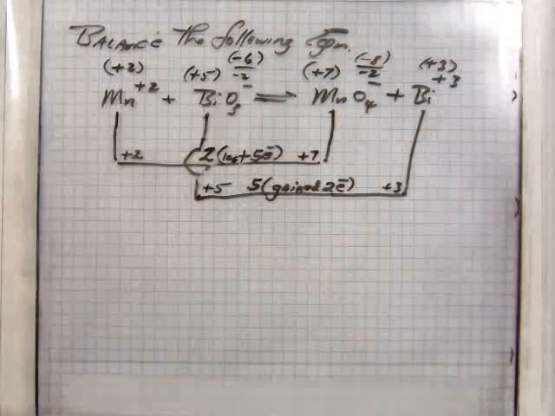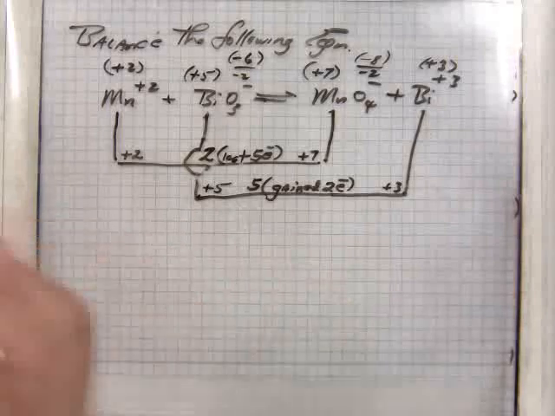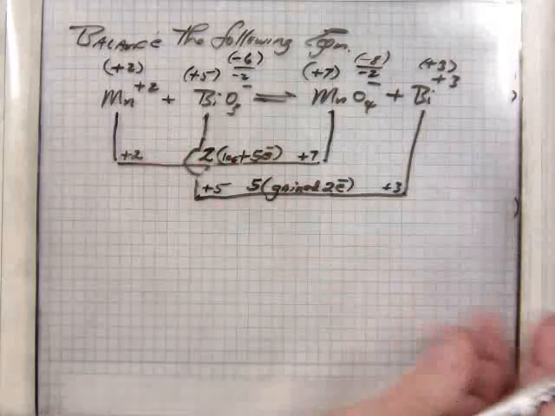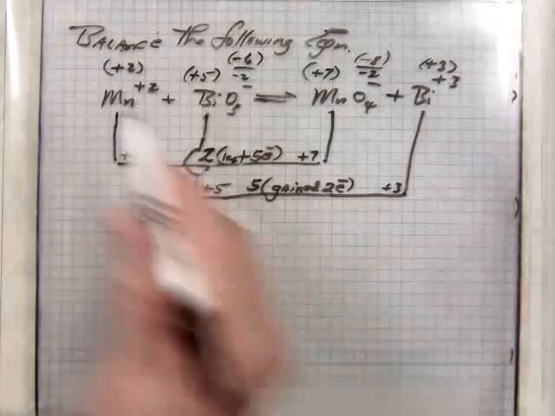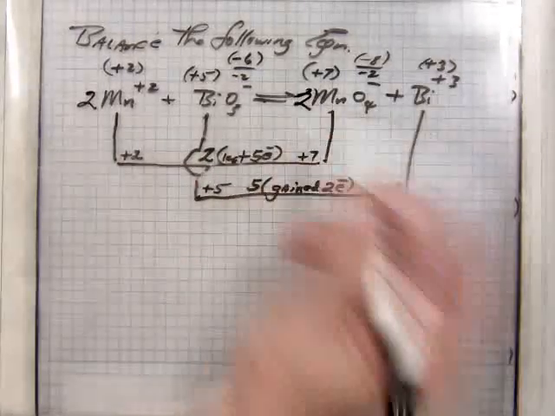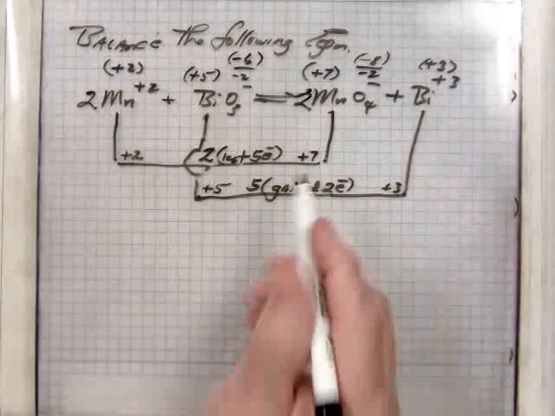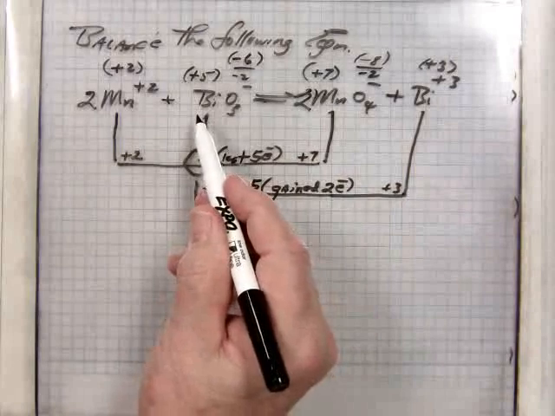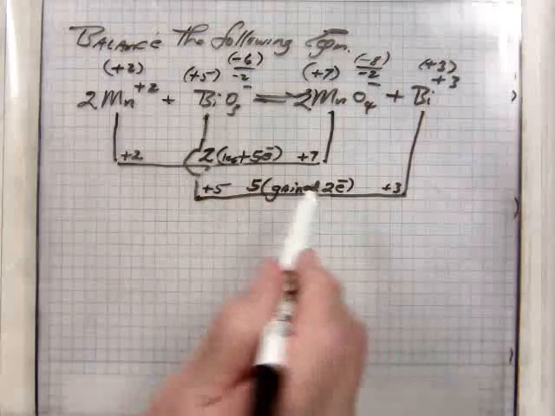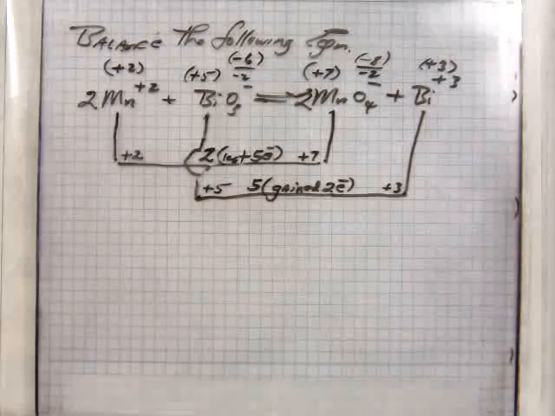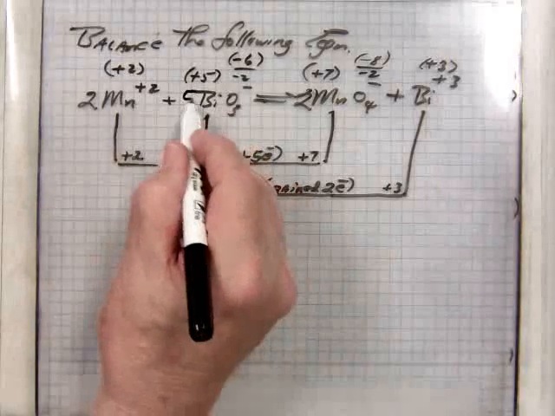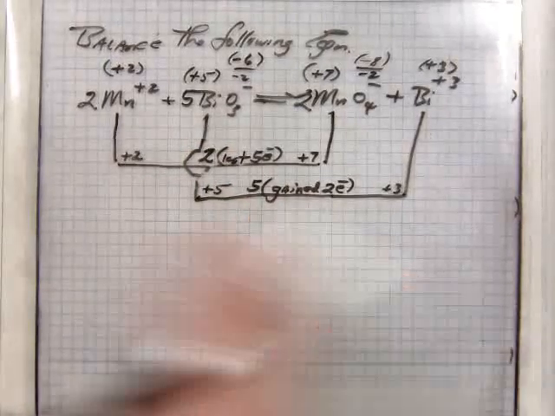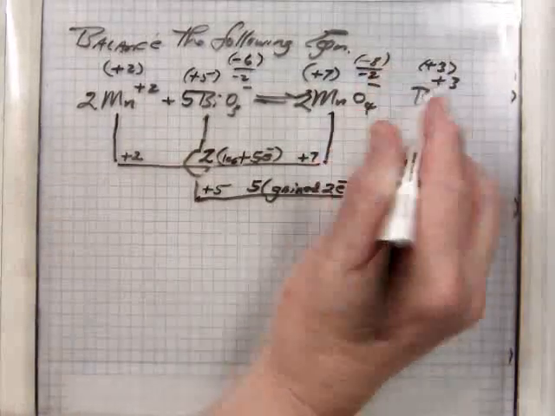So you've got one spitting out 5, another spitting out 5, what's the total? 10. So that's what you have, 2 manganese each losing the proper number of electrons. So I'll need a 2 here and a 2 here. You have to have that, because on the other side of this coin you have 5 bismuths, each gaining 2. So I have to have 5 bismuths gaining those 2 electrons. That's a total of 10. And then over here you wind up with 5 also.